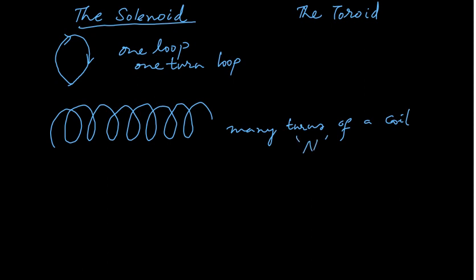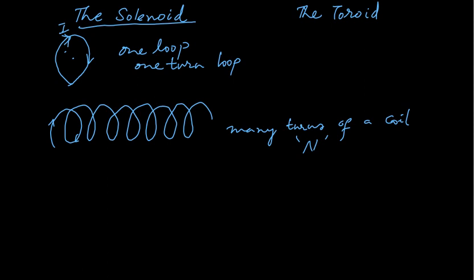For one turn, we know how to calculate the magnetic field at the center. Let us suppose this is the current direction. So this loop is nothing but this first loop up to this point. Then you are again repeating another loop like that. So if this is the current, now put the thumb in the direction of the current.